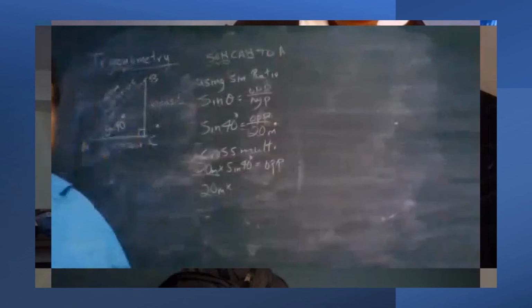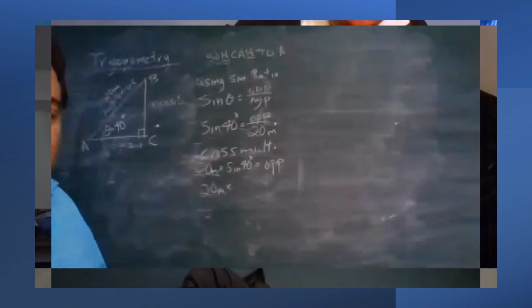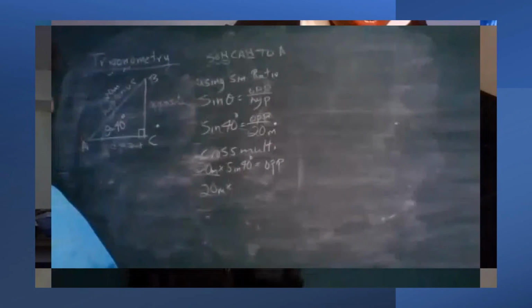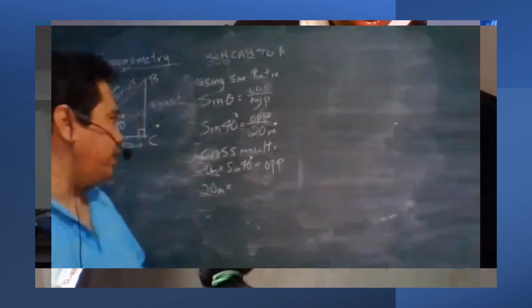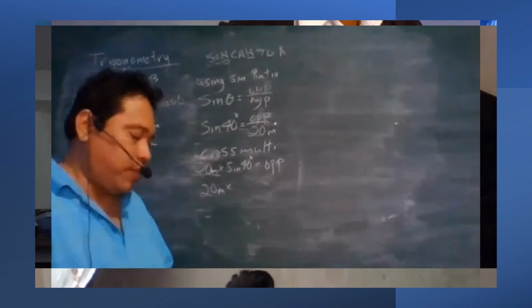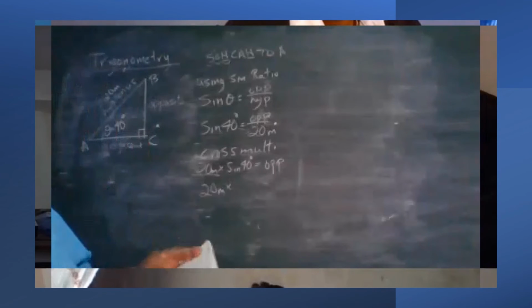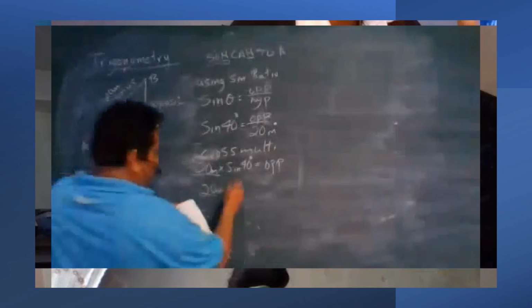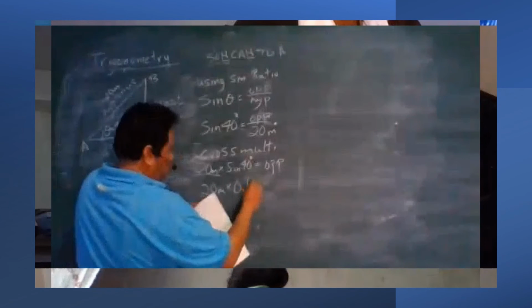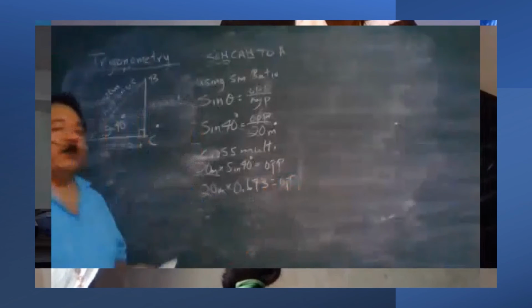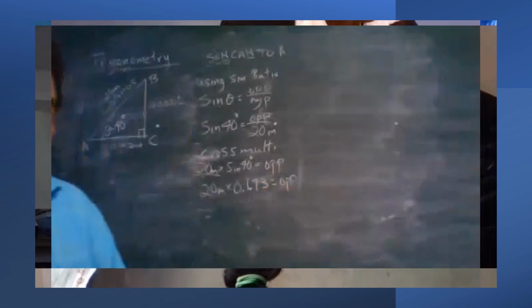But when the number is a multiple of 10, I use my natural sine, not my log tables. So my natural sine of 40, according to the 3-figure table, is 0.643. And that is going to give me my value of the opposite.